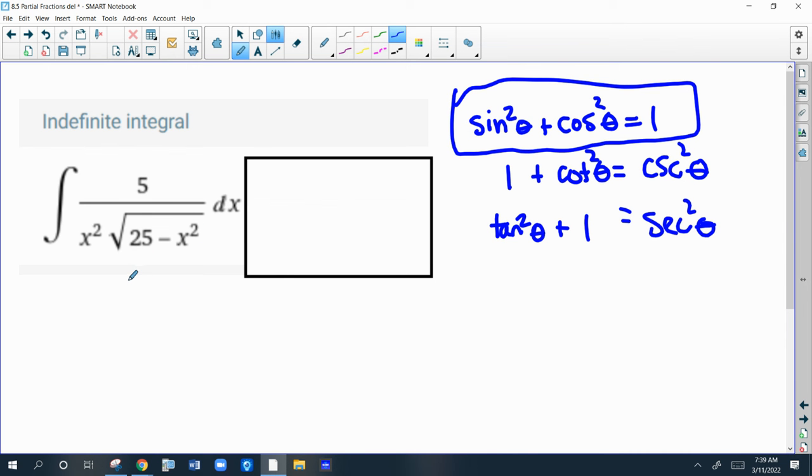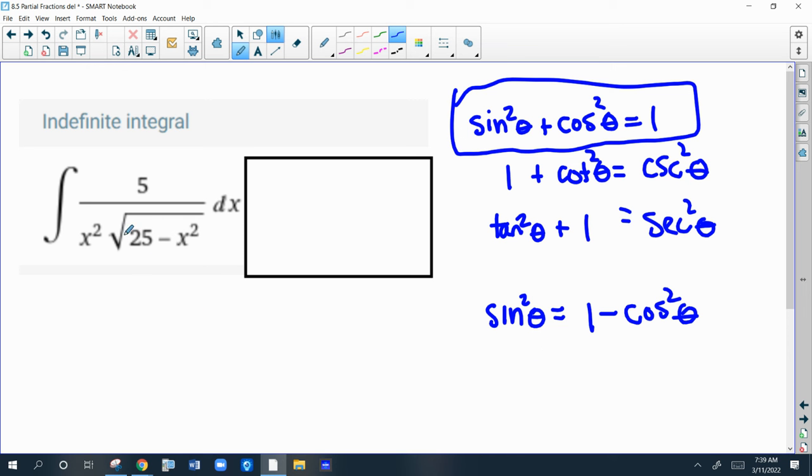I'd like to make this a single term squared, and I have a 25 minus x squared here. So as you can see on the one I circled, sine squared equals 1 minus cosine squared. How about this?